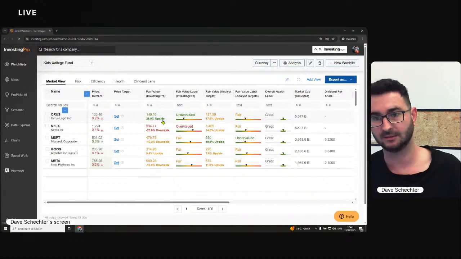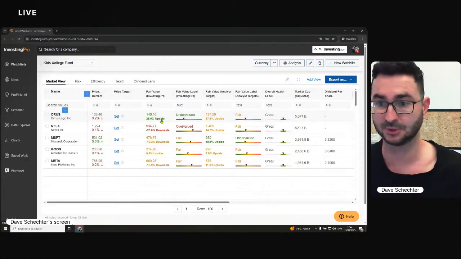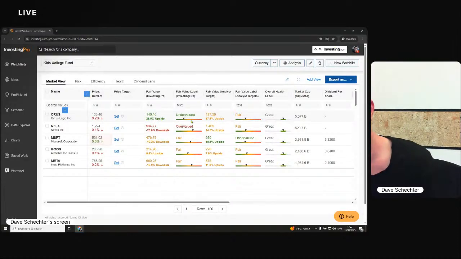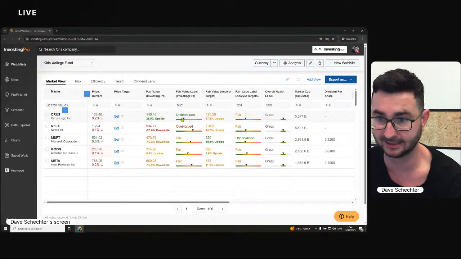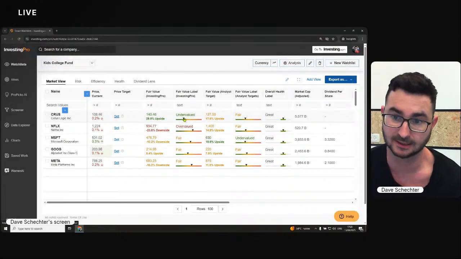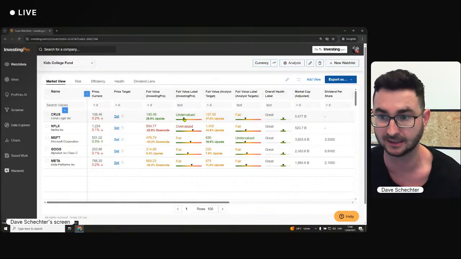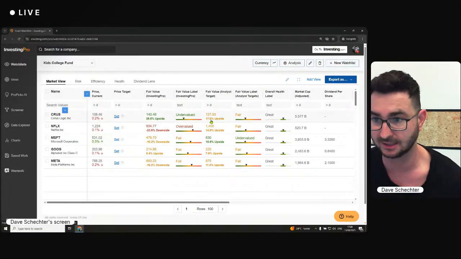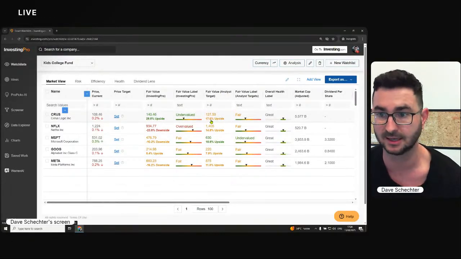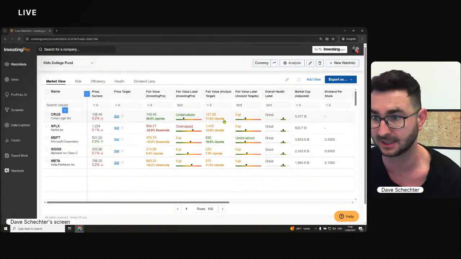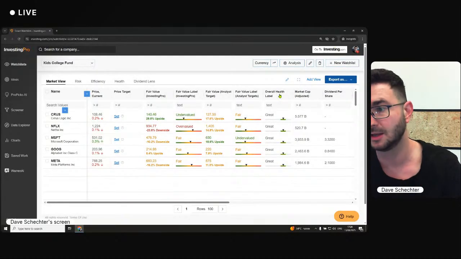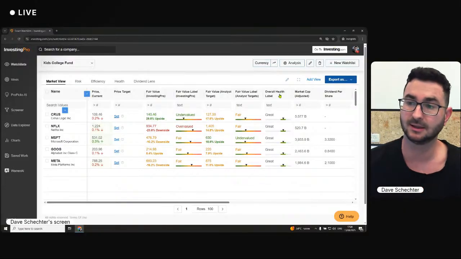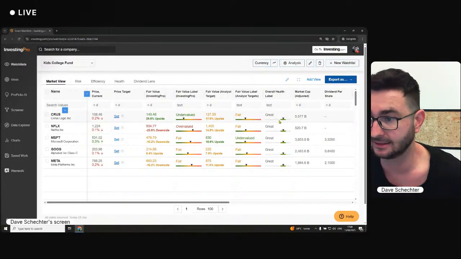So along with the upside percentage, we also give you the fair value label, so you can see that it's undervalued and it could potentially be an interesting idea. We also do the same thing for the analyst target. We see that according to the analyst's sentiment, there is a 17% upside, and it's more in the fair territory. And then of course we have the health label, which again we're going to get into more detail as to how that's comprised. That is great.